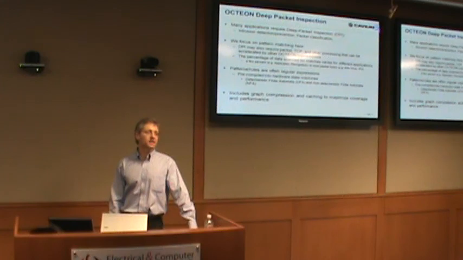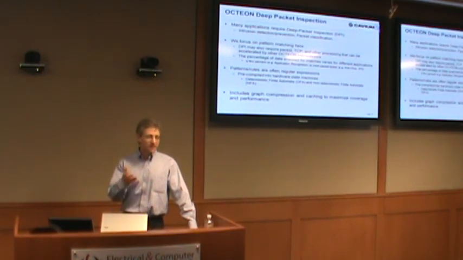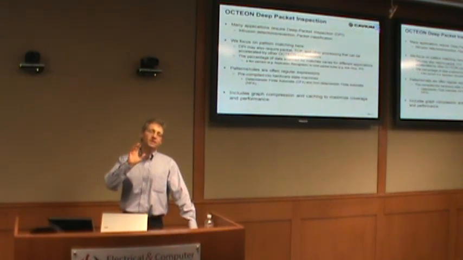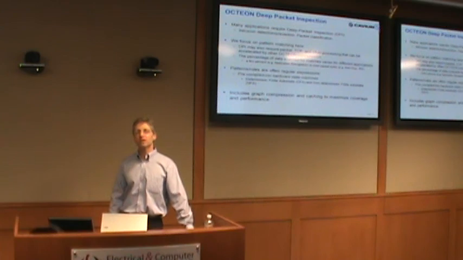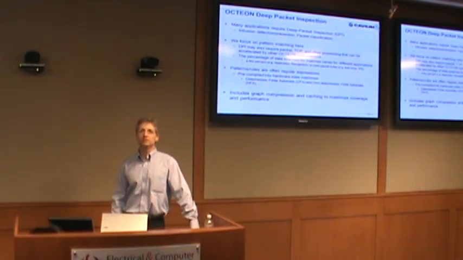And there are a number of things that you need to do deep packet inspection well. You may need to reconstruct a TCP stream, for example. You may need to do other things that are necessary in order to be a good packet inspection device. Octeon has a lot of things to accelerate those other things too, but in the next few slides, I focus strictly on the pattern matching portion of deep packet inspection.